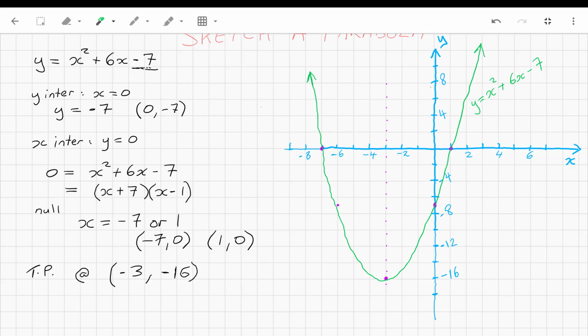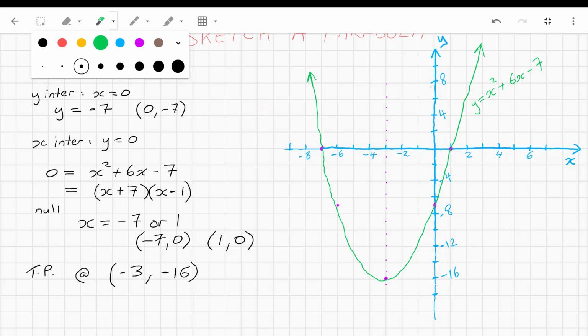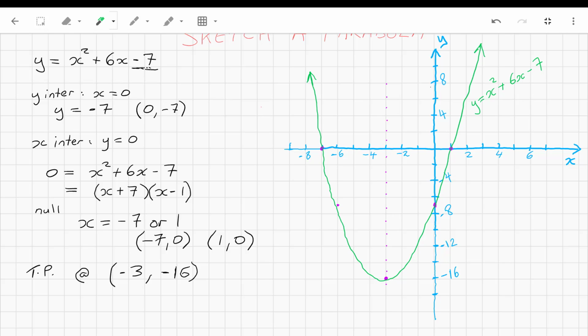And I'd probably finish off just by, if this was a test question, you want to clearly show the intercepts. So I will just write in here 1, 0. -7, 0.